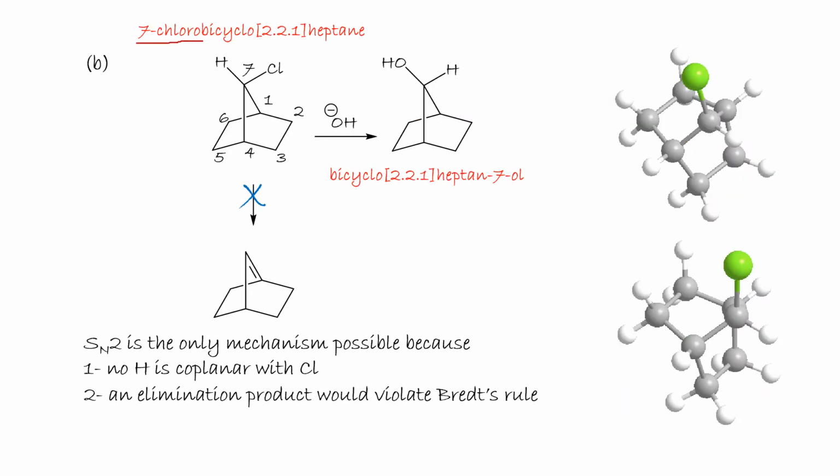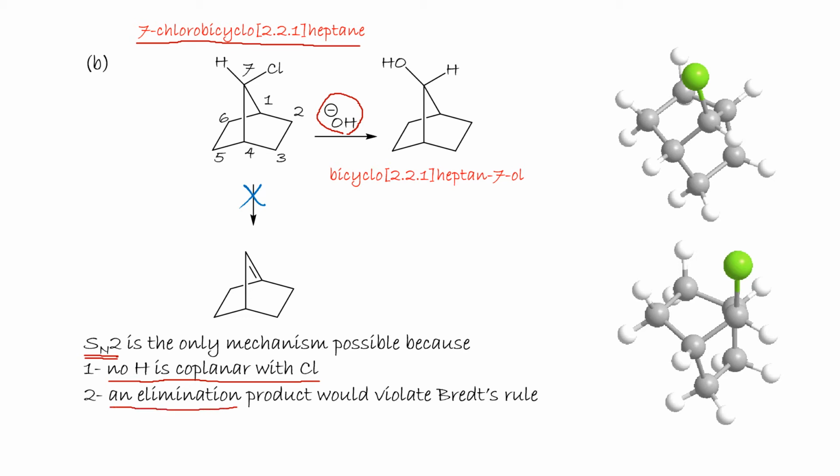Given 7-bromobicyclo[2.2.1]heptane with sodium hydroxide, a strong base, we will find that SN2 is the only mechanism possible because there is no H coplanar with the halogen.